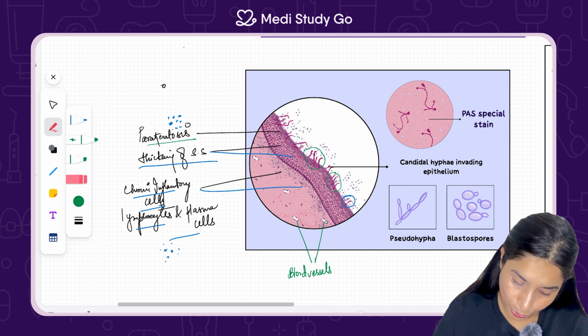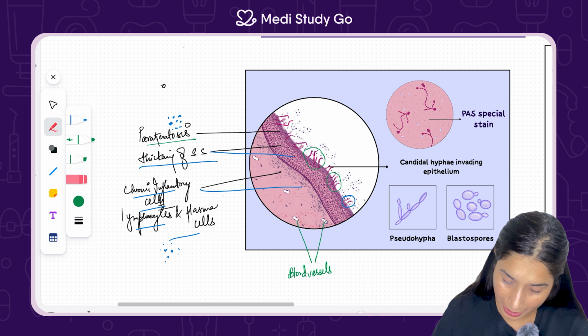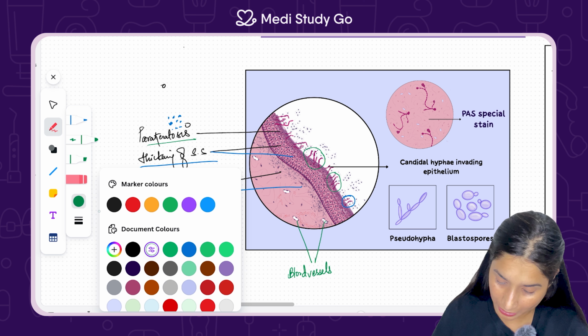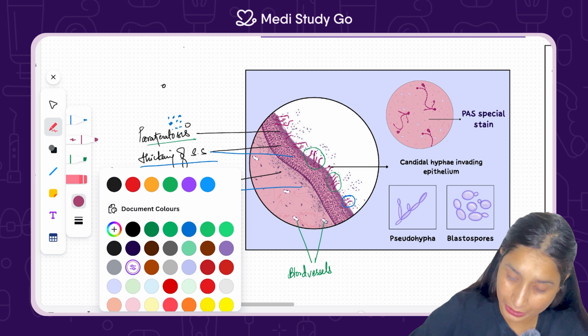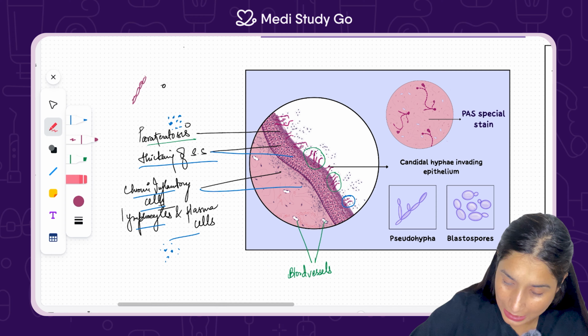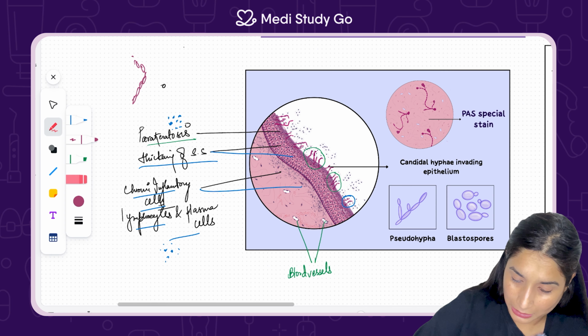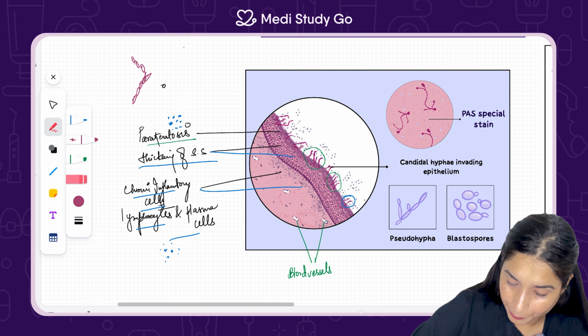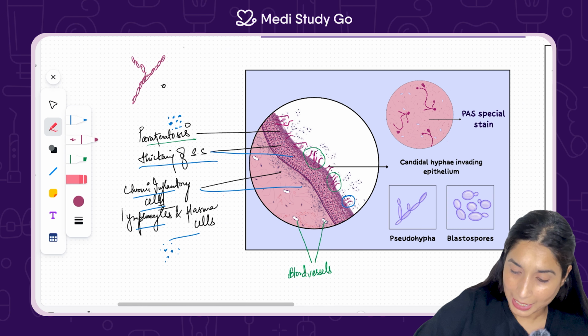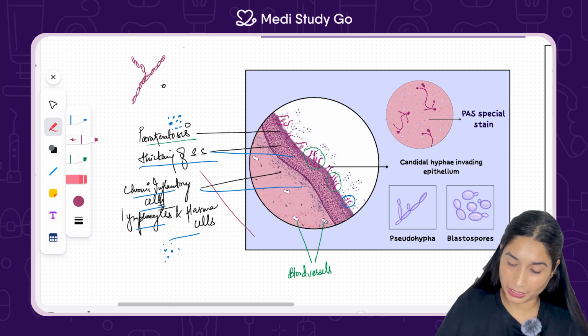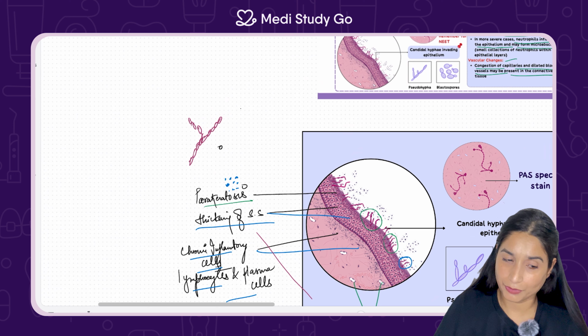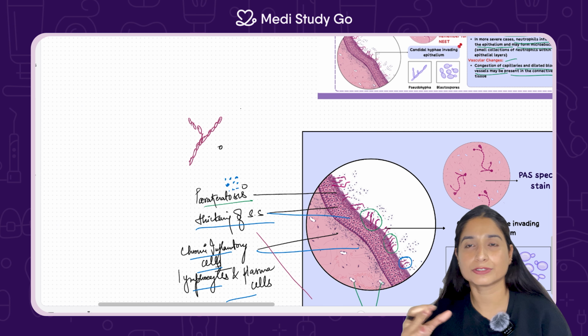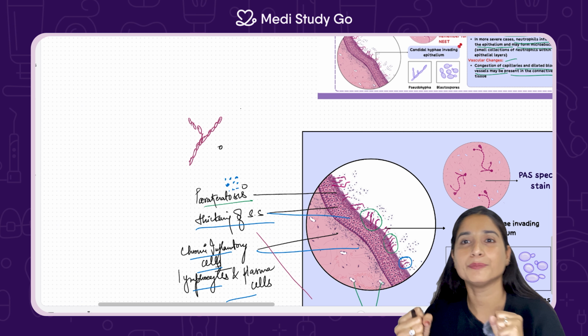You will see that the PAS stain colors the hyphae magenta. And why are they magenta in color? Because the fungal wall is made up of carbohydrates, so it takes up the magenta color.